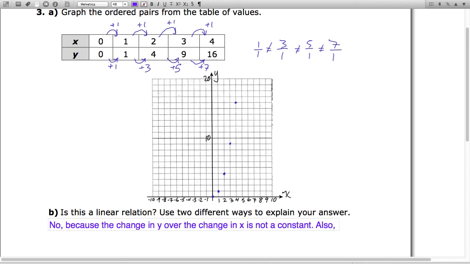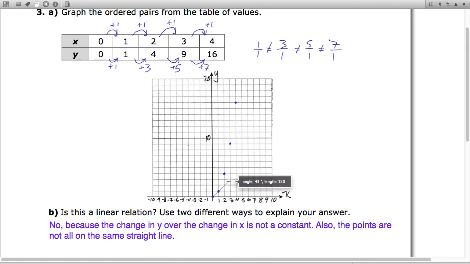Also, the points are not all on the same straight line. And if we tried to do that, it just wouldn't work out. So if we connected this point to the next one, you'd see that it just doesn't go through any of the other points. So it doesn't work out that way.